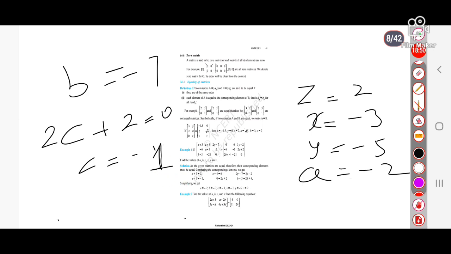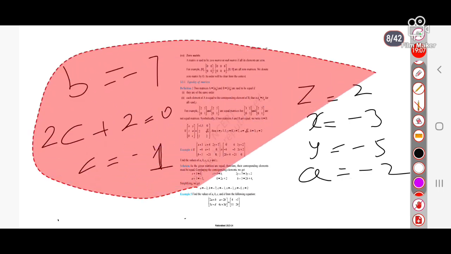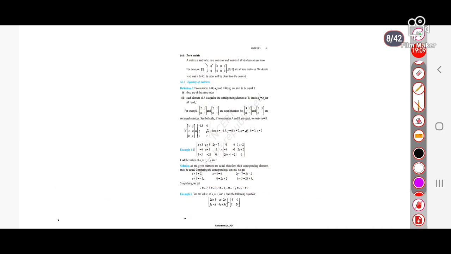So a, b, c, x, y, z: everything they asked is found by merely equating the left and right terms with respect to the position in both matrices. Such simple questions are in this lesson, and these are the most basic things which should be known for solving further problems.